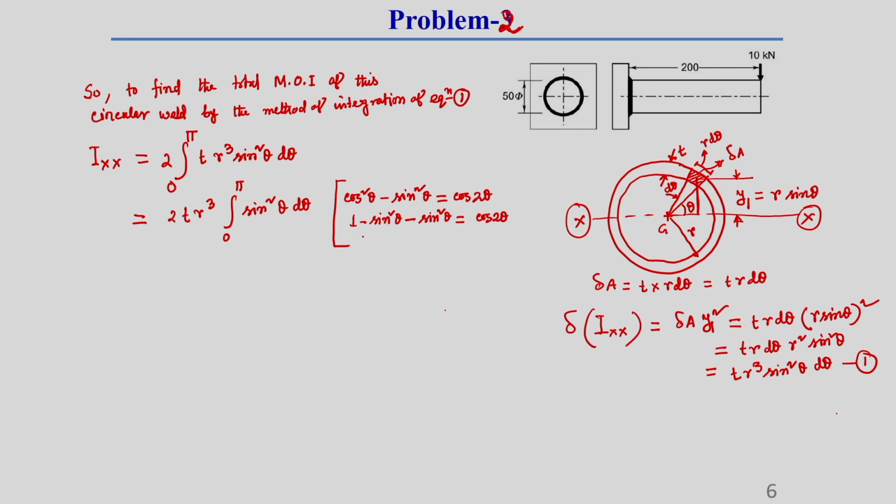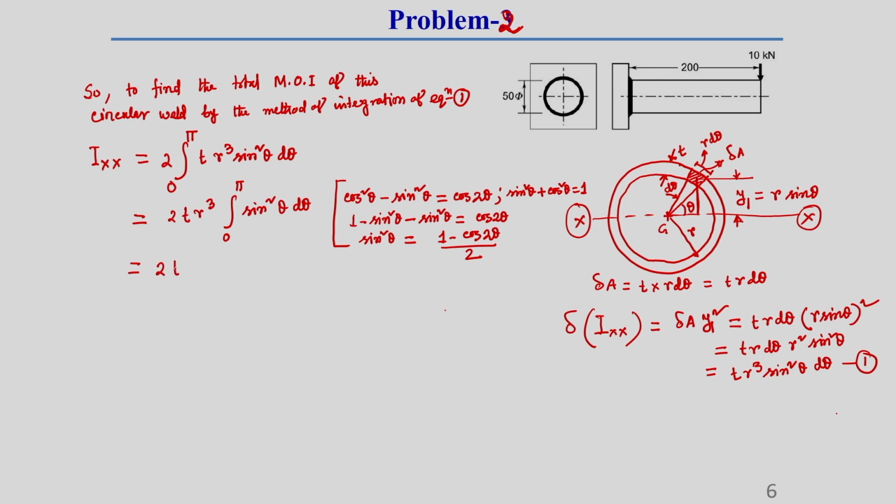So, we can say sin square theta equals 1 minus cos 2 theta divided by 2, correct. This is one formulation; another is sin square theta plus cos square theta equals 1. By using these two formulations, generally we can get sin square theta equals 1 minus cos 2 theta divided by 2.